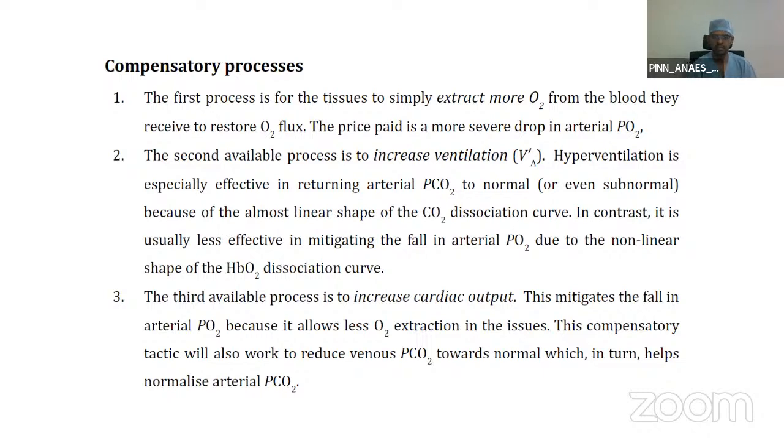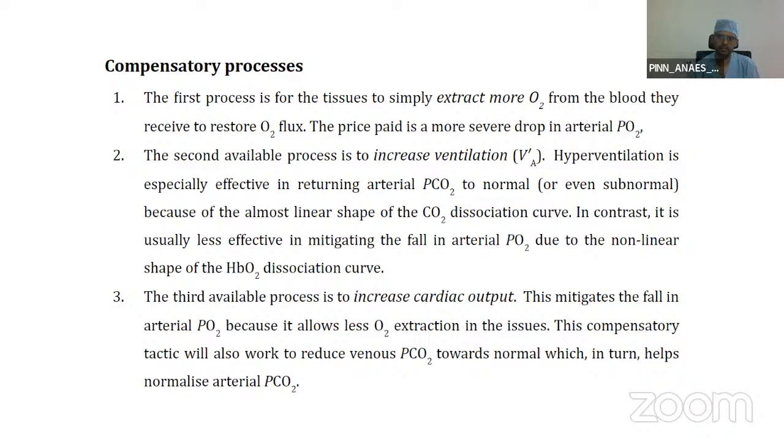As a result of this increased oxygen extraction, there is a more severe drop in arterial oxygen tension. The second compensatory process is to increase ventilation. Hyperventilation is especially effective in returning arterial PCO2 to normal rather than restoring PO2 in arterial blood because of the linear shape of the carbon dioxide dissociation curve.